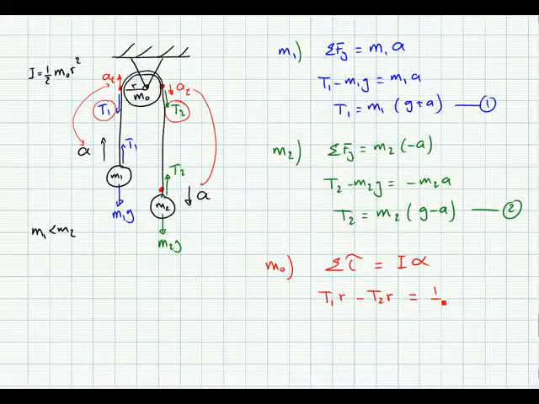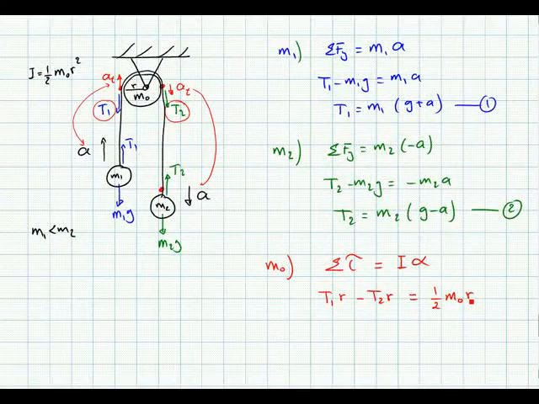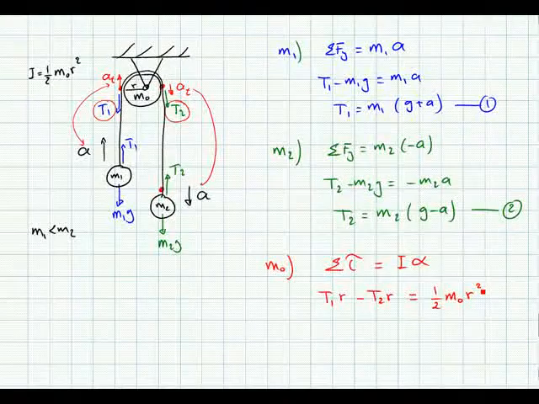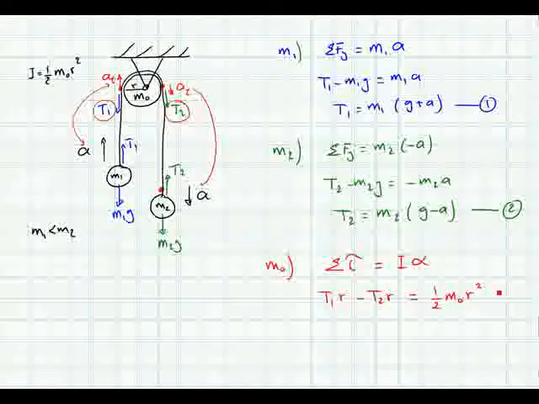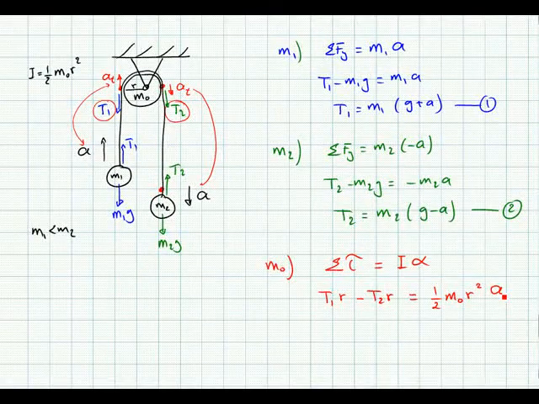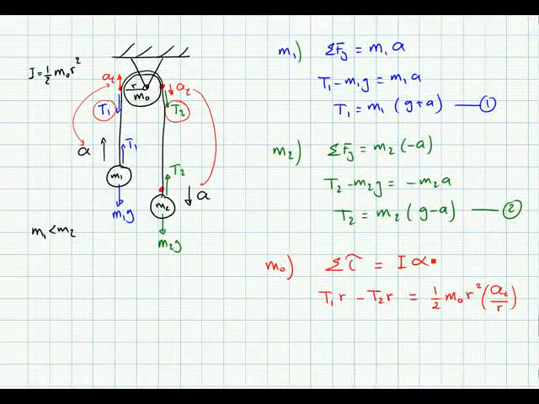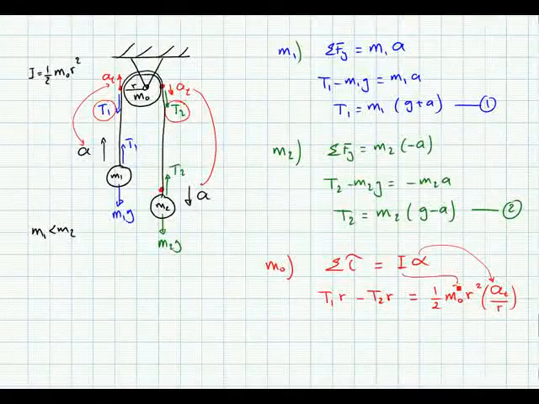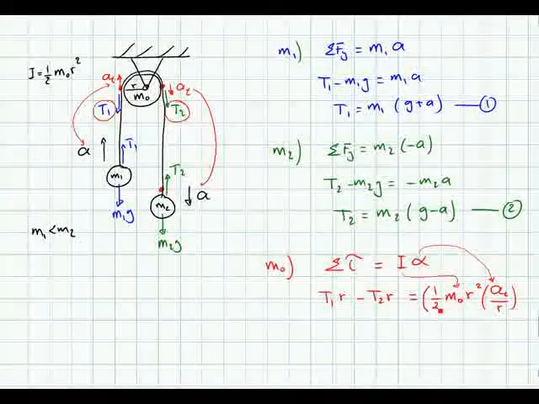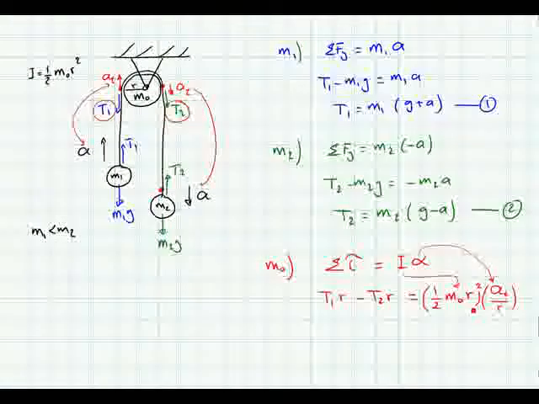I, in the case of a disk, is 1/2 m naught R squared, times alpha. Now alpha I can rewrite as tangential acceleration at divided by r. This whole term here is my moment of inertia.